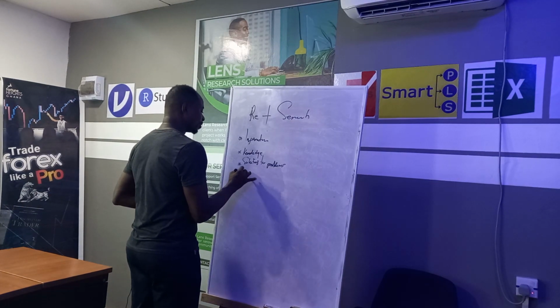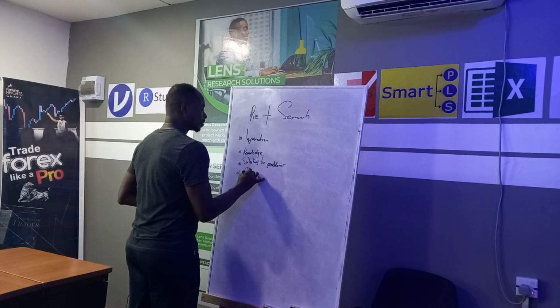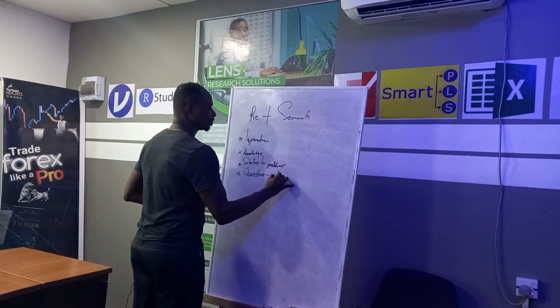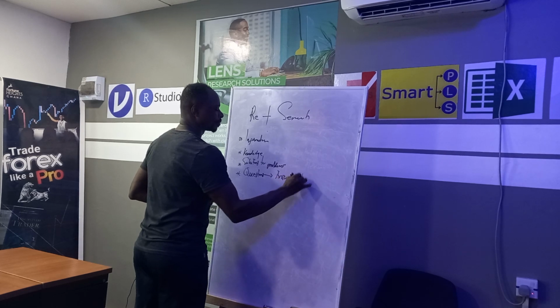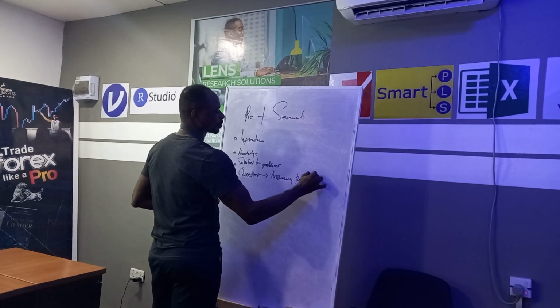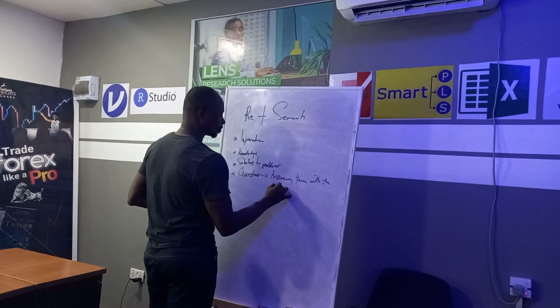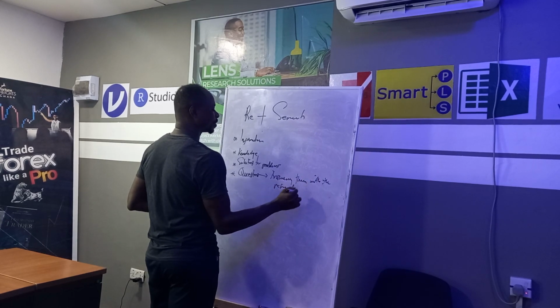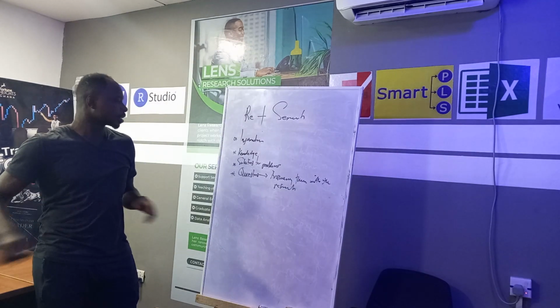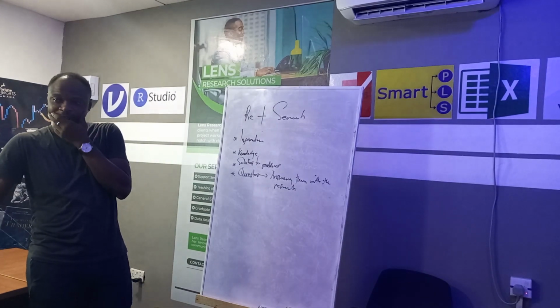So you see that in your research, questions will come, and you answer them. When you ask yourself questions, you answer them by the research that you are carrying out.